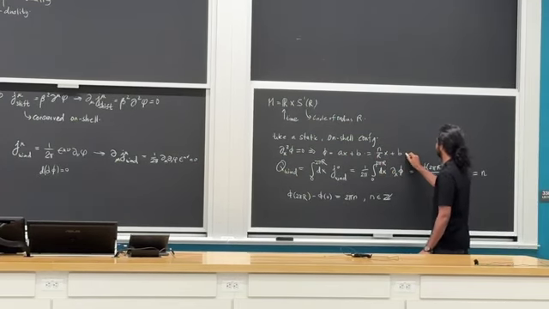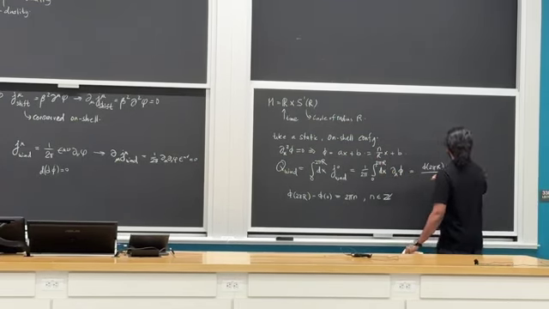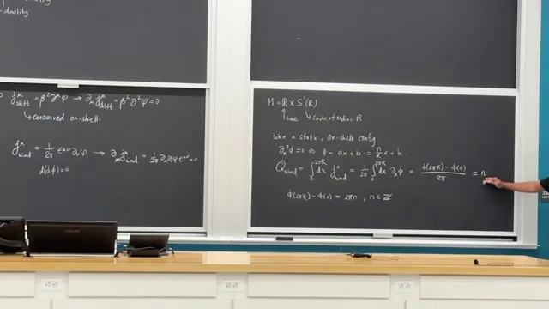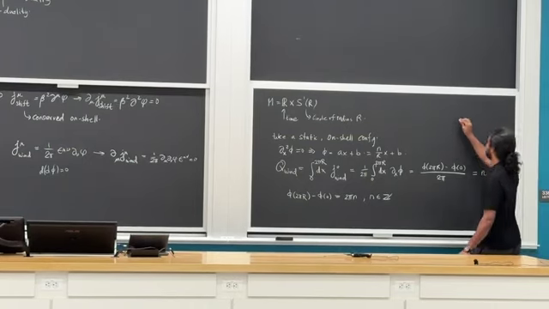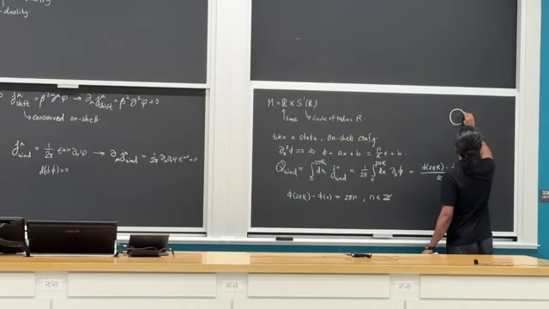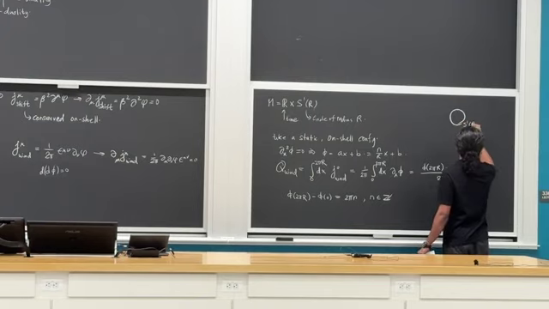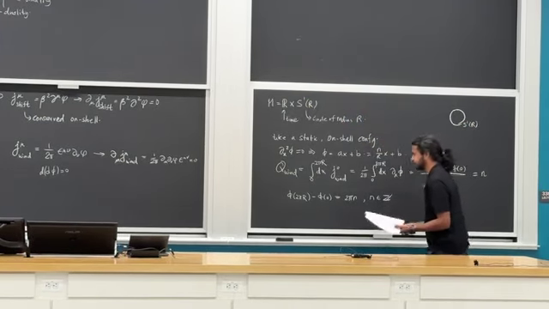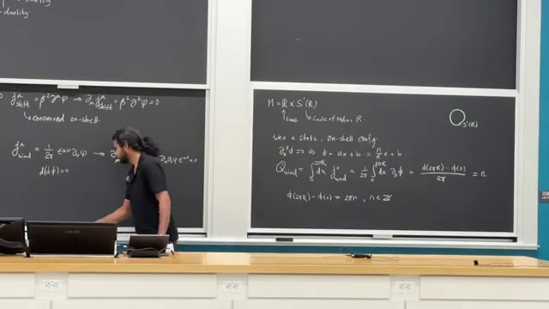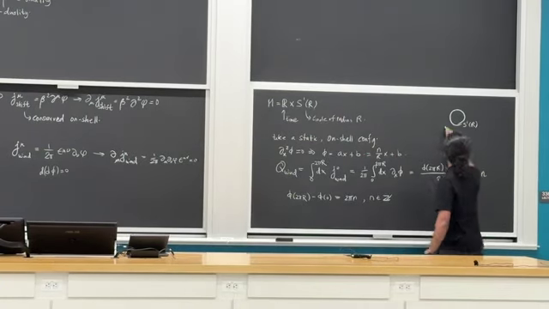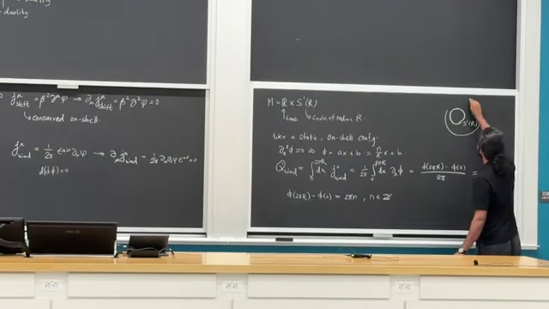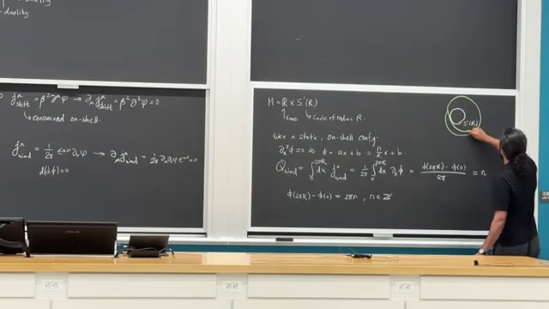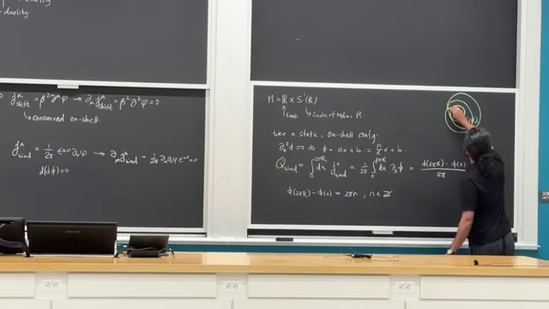So n is how many times phi winds around the spatial circle. If I have this S1 R, which is the space in our problem, what phi does is it may wind around twice.